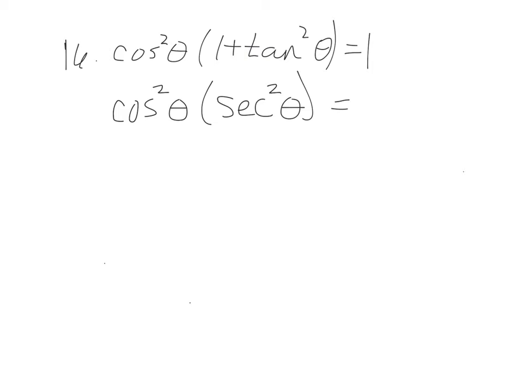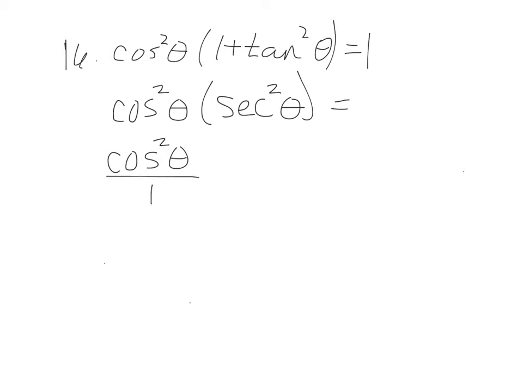You could go straight to 1 here. And in my opinion, as a teacher, that's sufficient work for full credit. But let me more explicitly demonstrate why this would equal 1. When we look at our reciprocal identity, secant in the numerator is equal to cosine in the denominator.